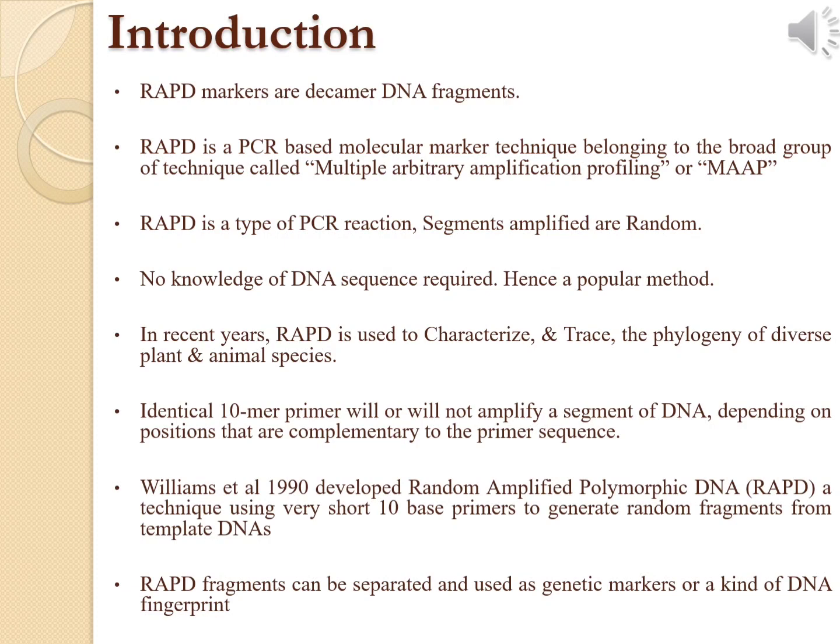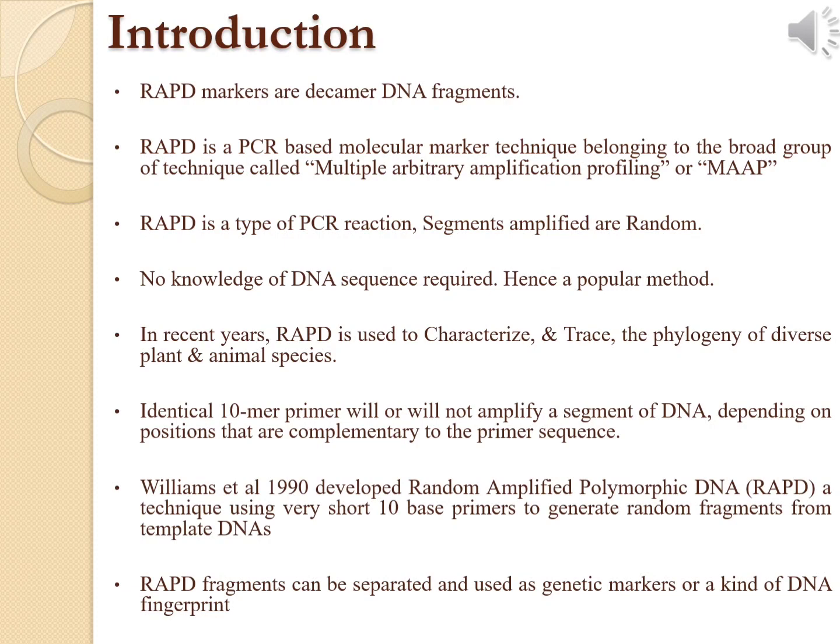Just because no knowledge of the DNA sequence of the targeted genome is required for preparing the primer, this makes the method popular for comparing the DNA of biological systems which are under research and are not having any sequence information.